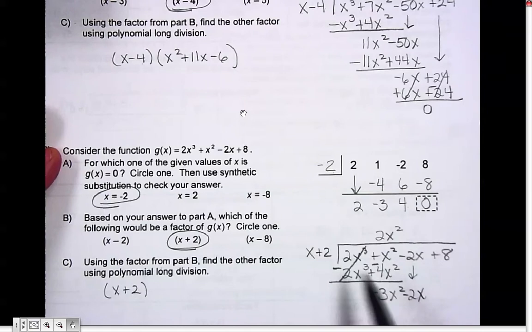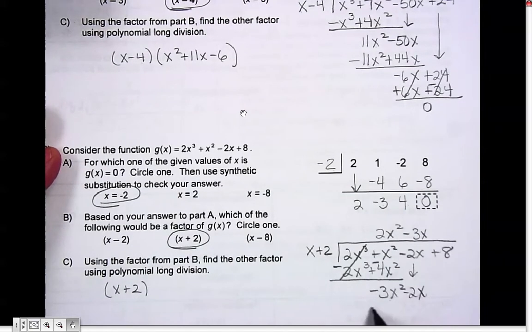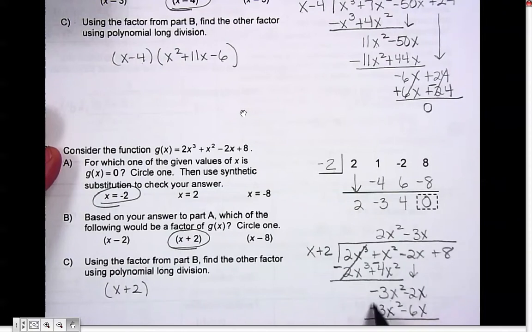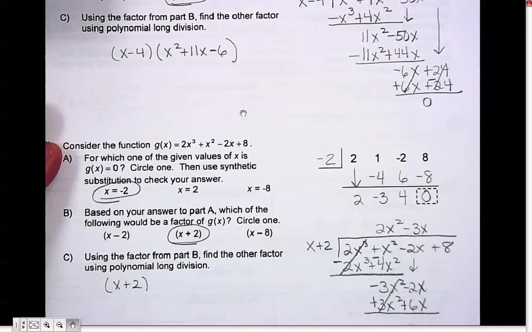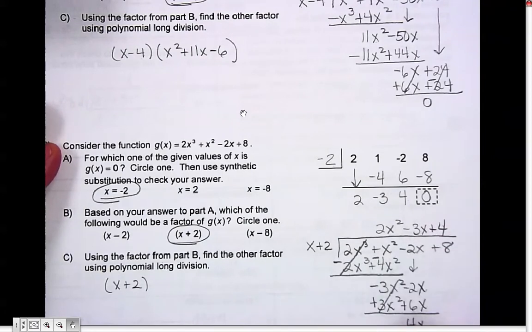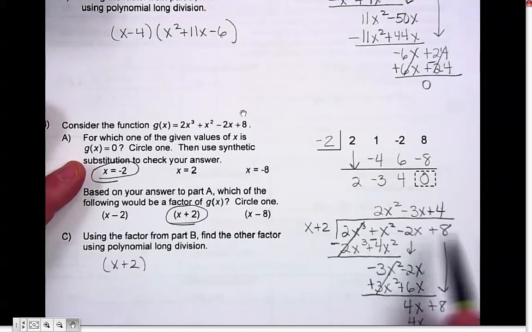So x times negative 3 would give us negative 3x squared. Negative 3x times 2 is negative 6x. Change the signs. So here we get 4x, and x will go into 4x 4 times. 4 times x is 4x, and bring down the 8. And 4 times 2 is 8.